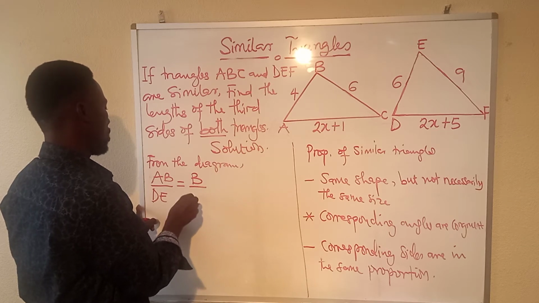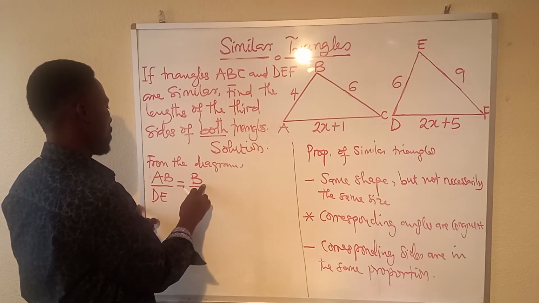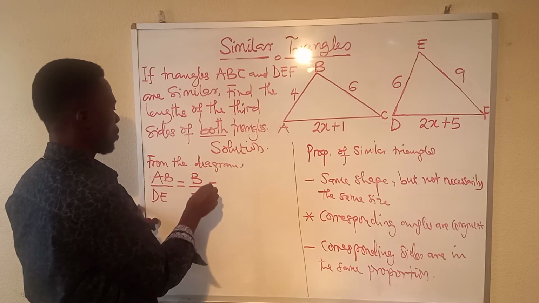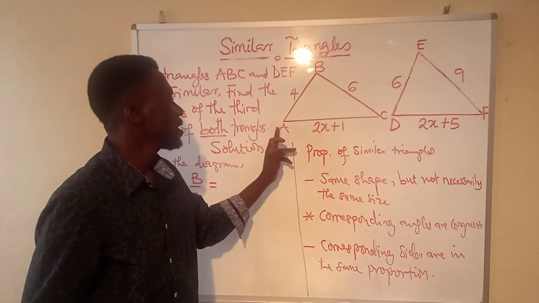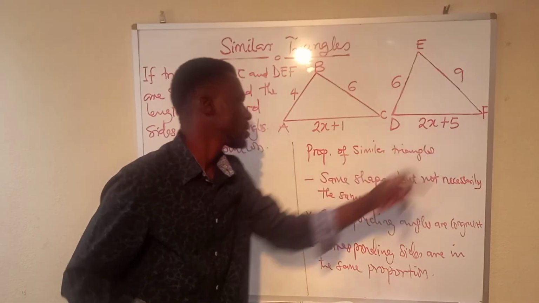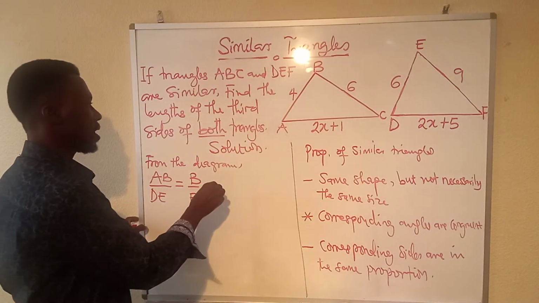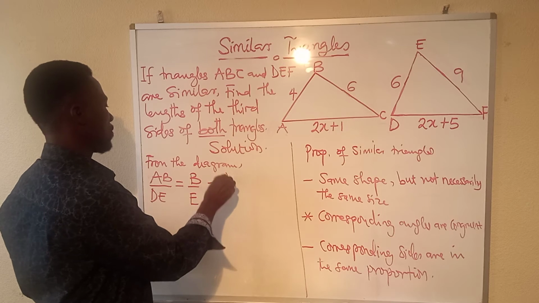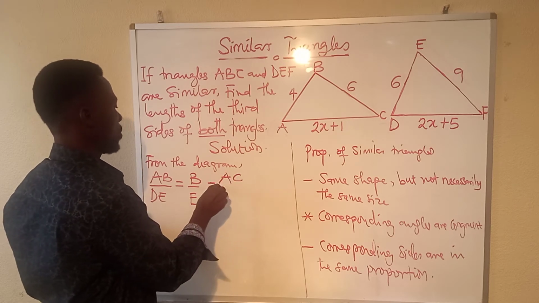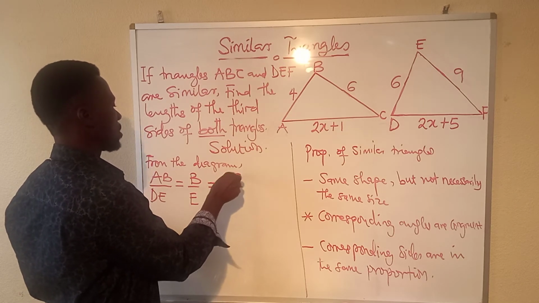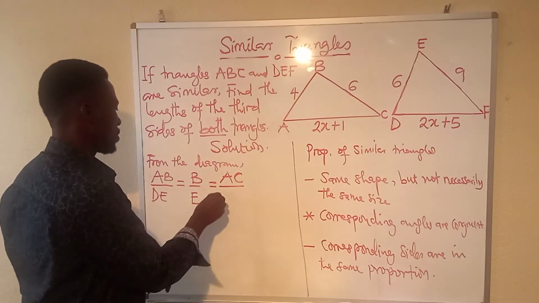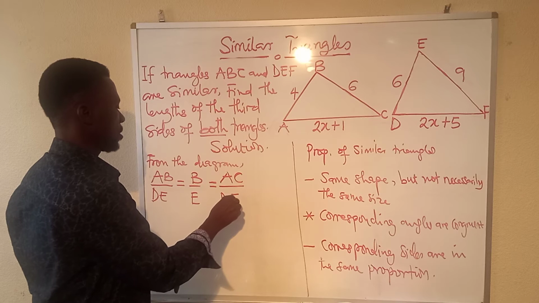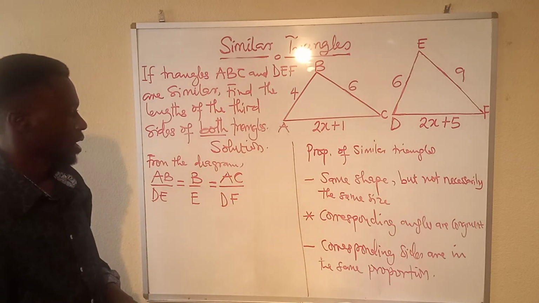So we have EF, and that will also be proportional to the side AC is proportional to the side DF. So this is what we have.